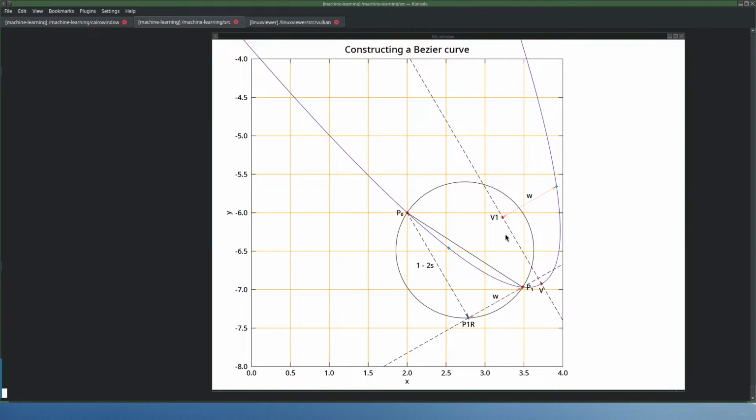So what I really should do is call this vector 1 minus 2s times the direction vector, from here to there. Then you understand that it's pointing opposite direction, so that one must be negative.